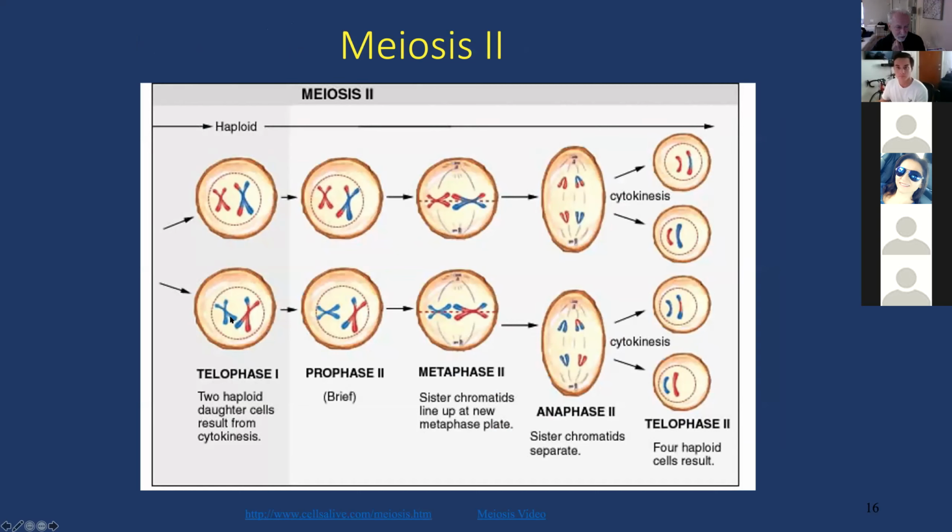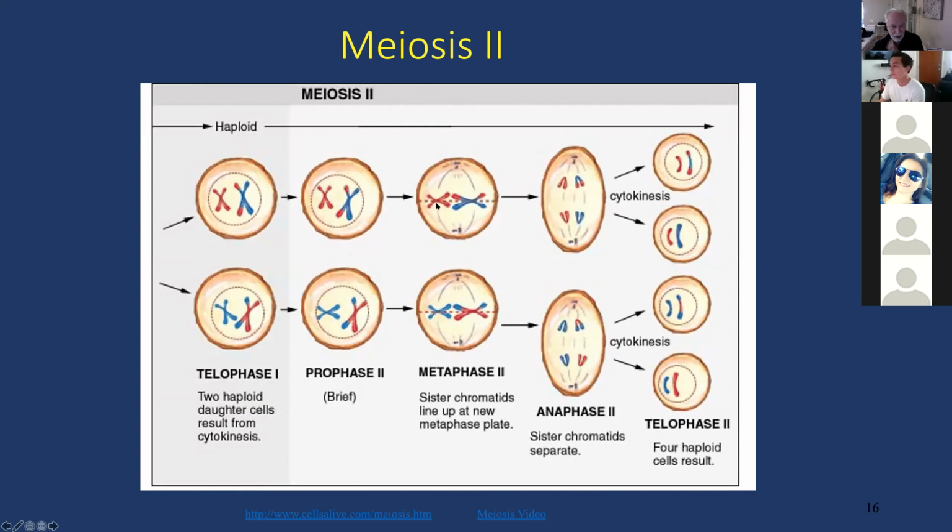Those same 2 haploid cells are now here in telophase 1, but now they go into meiosis 2, starting with prophase 2, where you have the 2 sets of homologous chromosomes, the red ones and the blue ones, but now recombination has occurred, and so we have both non-recombinant and recombinant chromosomes.